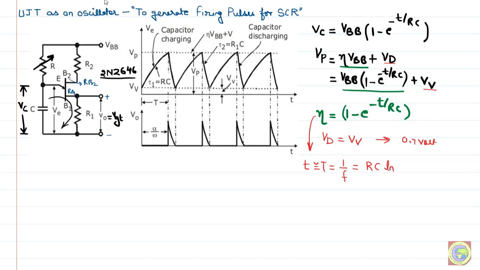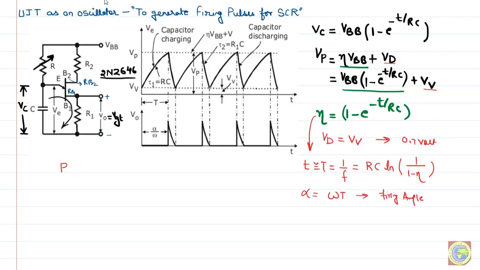You should remember whenever you are doing calculations, the mode in your scientific calculator should be natural log: ln of 1 upon (1 minus eta). Typically the value of eta is either given for your device or ranges from 0.5 to 0.8. Hence the firing angle alpha can be found as omega t.